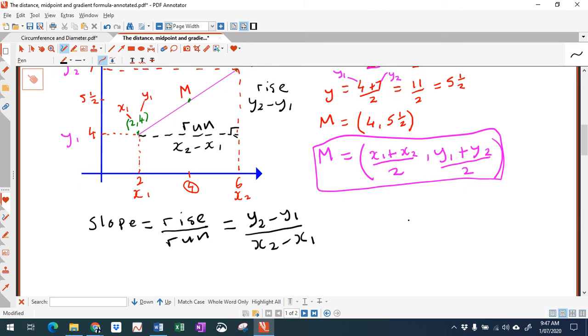Now, last year we also did that slope is abbreviated with the letter m. So the formula can also be written like this. Okay. Also, another word for slope is gradient. Slope means gradient.